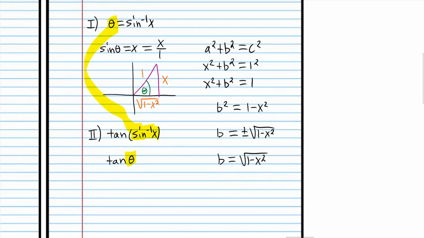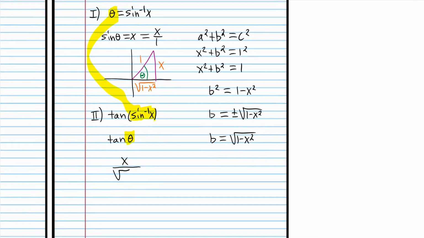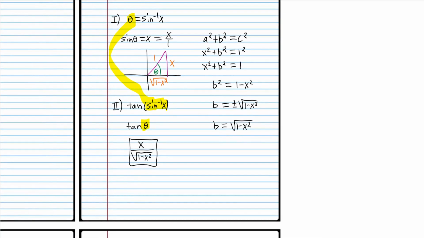So now we're ready to find tangent theta. That's just the opposite side of the green reference angle divided by the adjacent side, and you're done. We could rationalize the denominator, but it's just not something that we're going to worry about with these algebraic expressions.